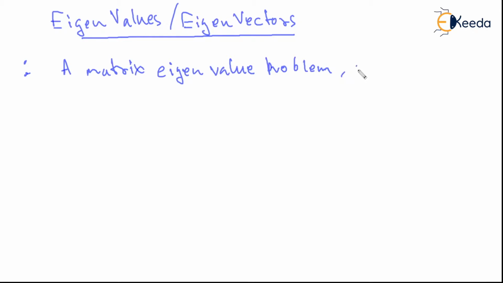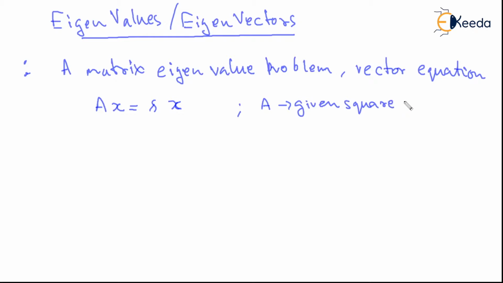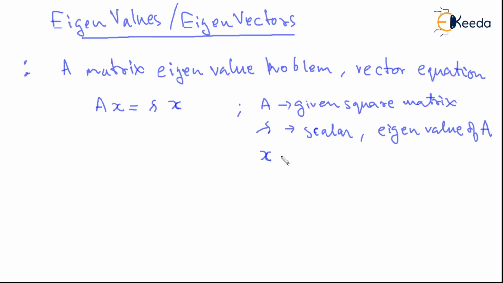So it is a vector equation that is A times x is equal to lambda times x, where A is a given square matrix, lambda is a scalar which will be known as eigenvalue of A, and x which is the eigenvector of A.